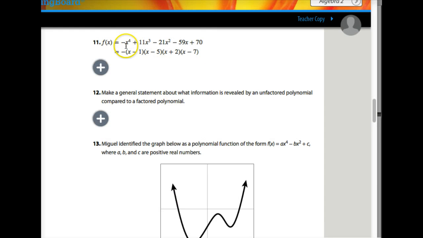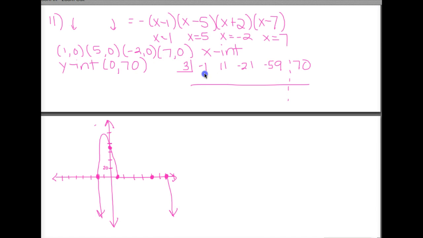So if you prefer, you can write out negative and then put the 3 in parentheses, 3 to the 4th plus 11 times 3 cubed minus 21 times 3 squared minus 59 times 3 plus 70. I don't care which way you do it as long as you show the work. I just prefer this because I prefer multiplying and adding to exponents because I can do it faster.